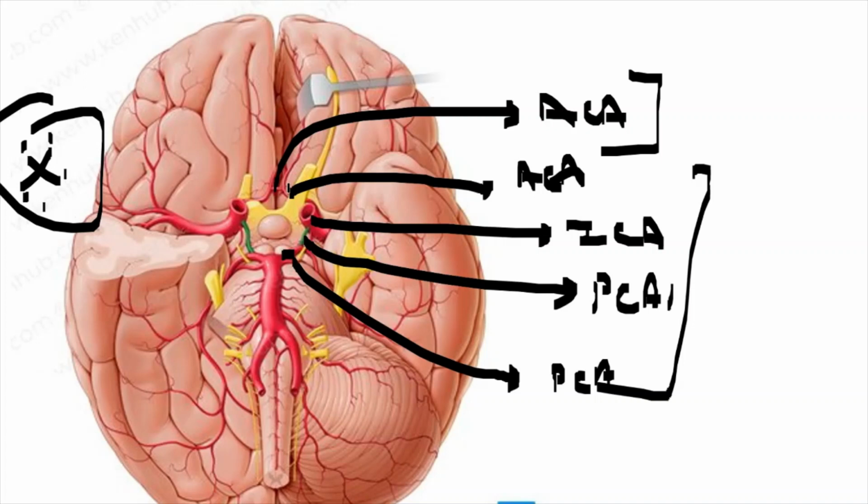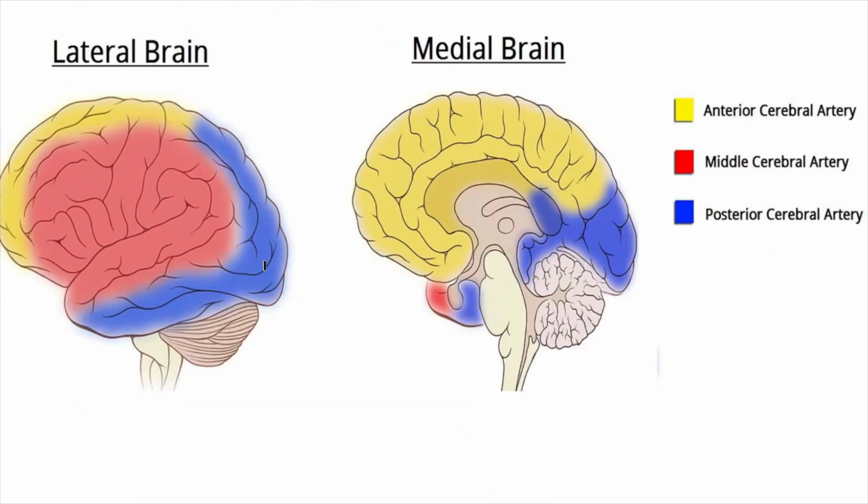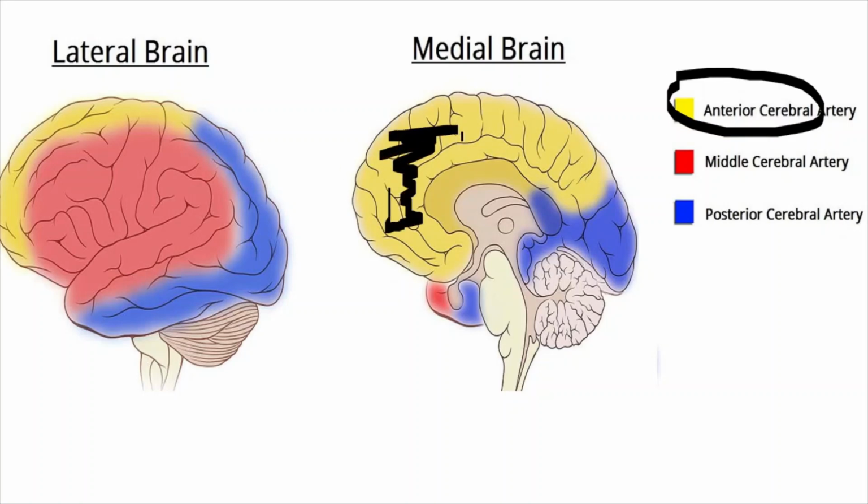Whenever there is a sudden occlusion of any blood vessel, the collateral usually tries to compensate for the decreased blood supply. But whenever there is a complete occlusion, the lesion manifests as per which vessel is involved. For example, if the anterior cerebral artery is involved, more of the medial part of the brain is involved.